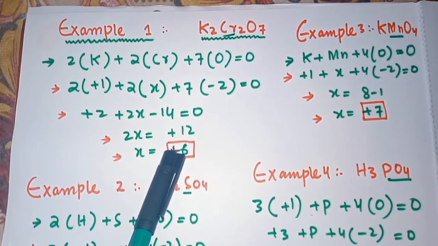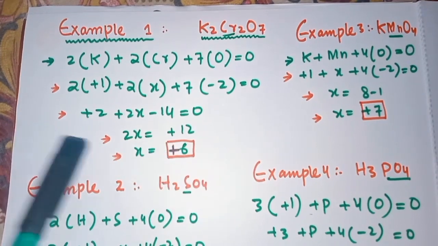The oxidation number of chromium in potassium dichromate is +6.